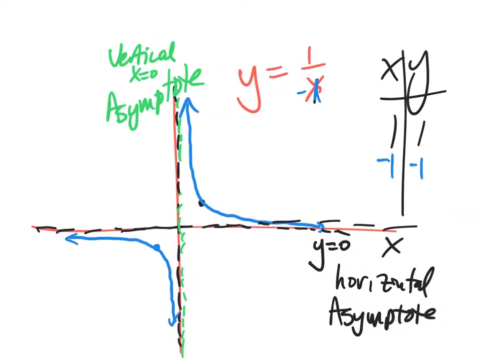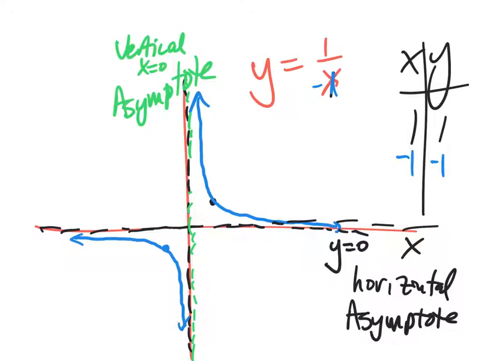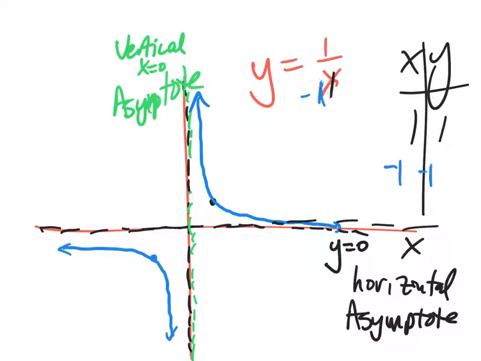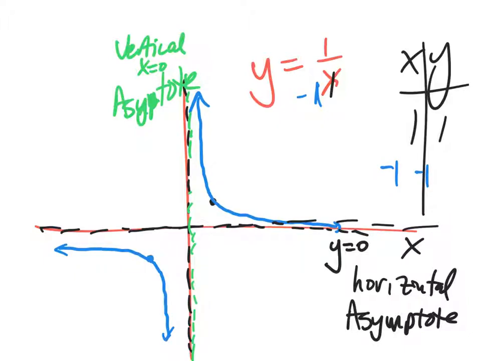That is the function y equals 1 over x. That is called the rational function. A rational is a number that can be written as a fraction. I'm going to rewrite this thing.